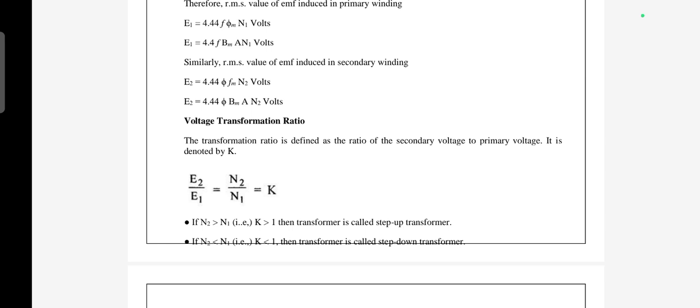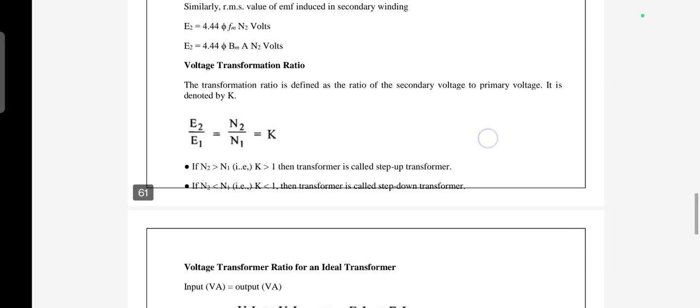For a step down transformer, the number of turns in the secondary winding is less than the number of turns in the primary winding, and K is less than 1.